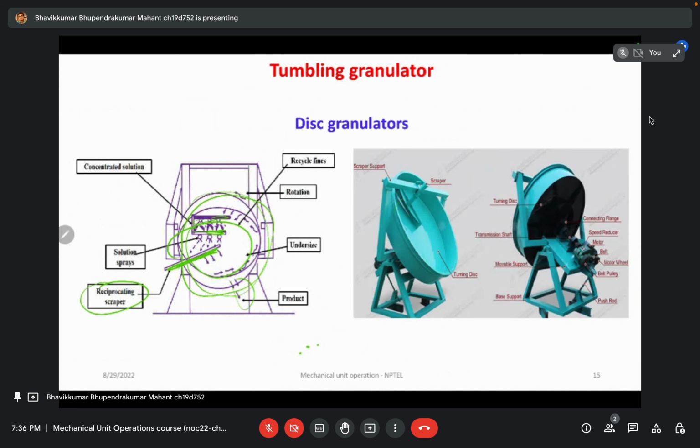So you can see the turning disc, some motor, speed reducer, connecting plates, motor transfer. All this kind of motor is provided, and there are some scraper supports, so the scraper can be controlled. This is the same thing of solution spraying, and the scraper can be used to control the size of the particles.